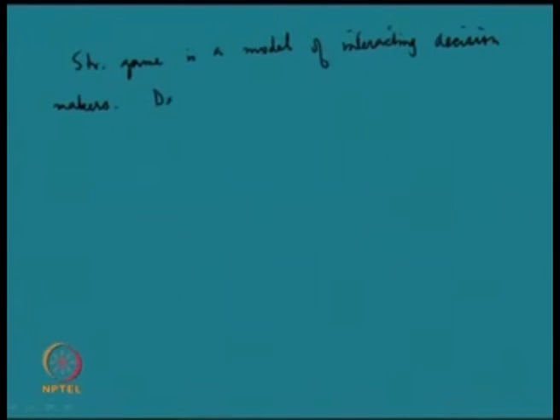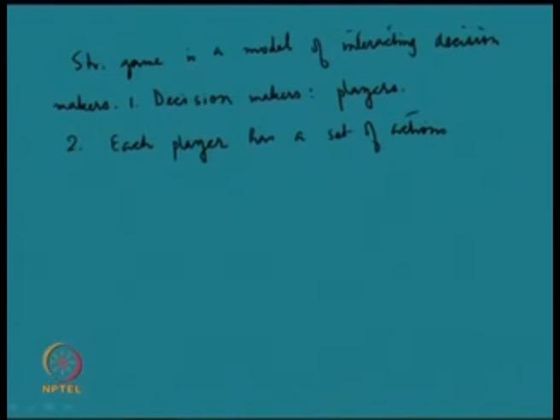Decision makers are called players. Players are the first element. Second element, each player, that is each decision maker, has a set of actions to choose from.